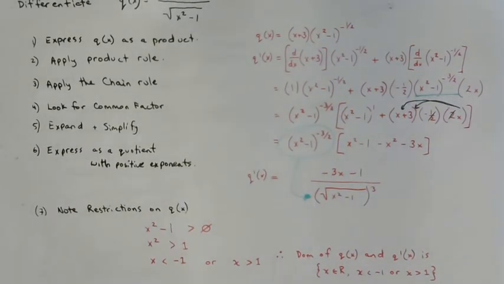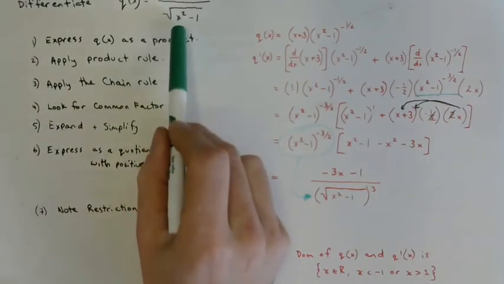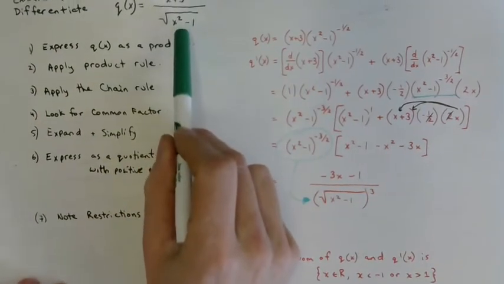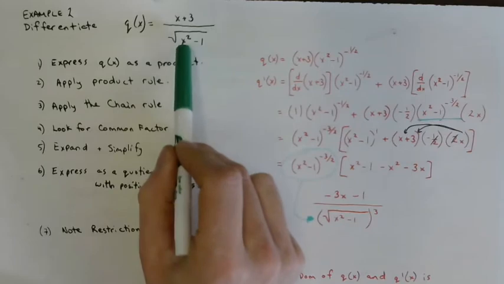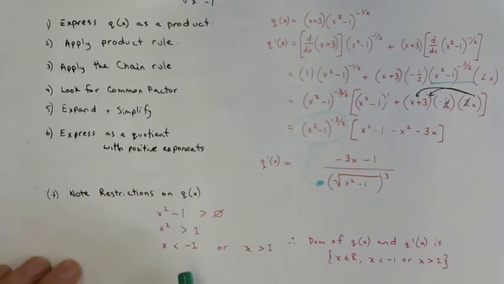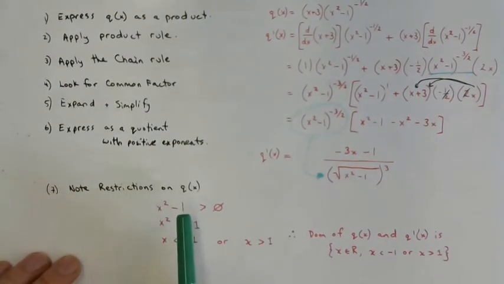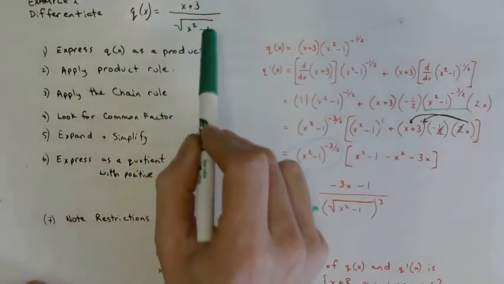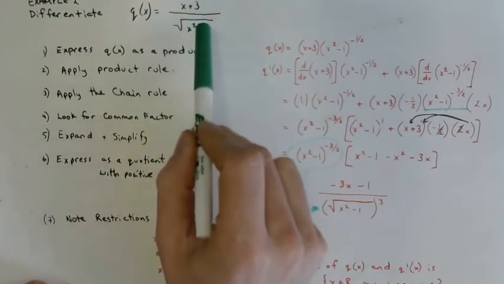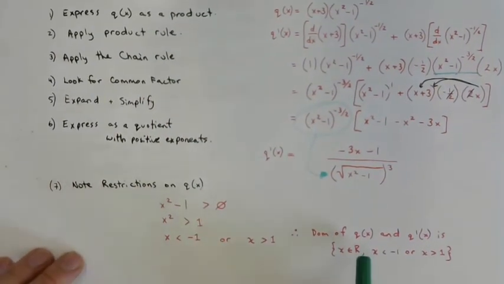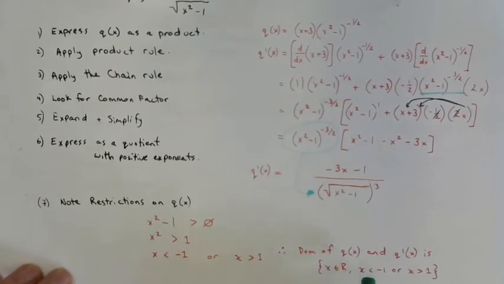I guess a third thing would be, since the denominator was a square root of something, that meant it wasn't just x can't be a certain value, it meant that this expression x squared minus 1 must be greater than 0. So our restriction ends up looking different in this example as well.